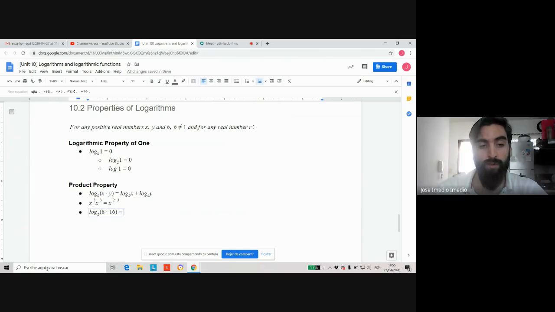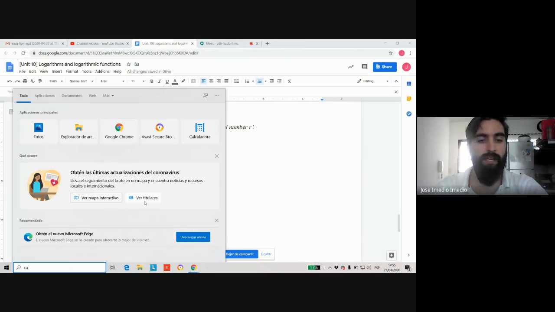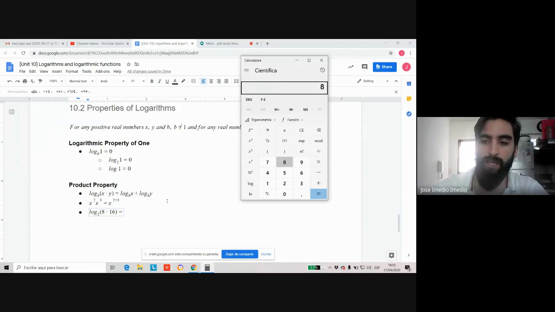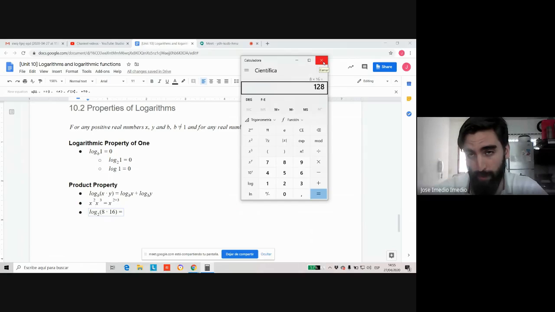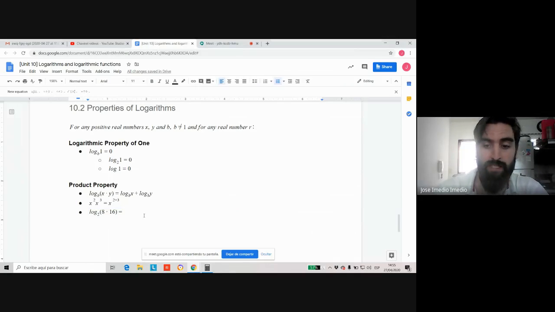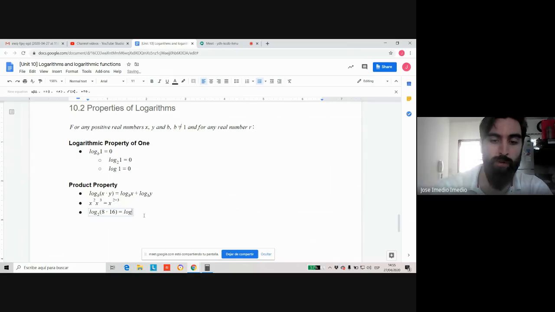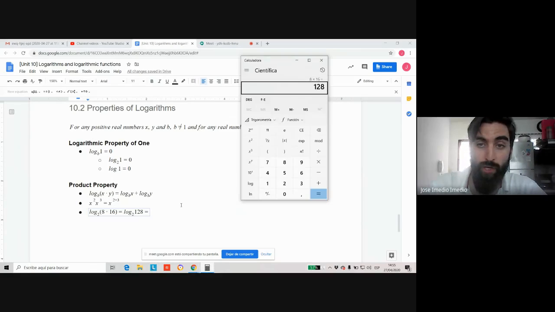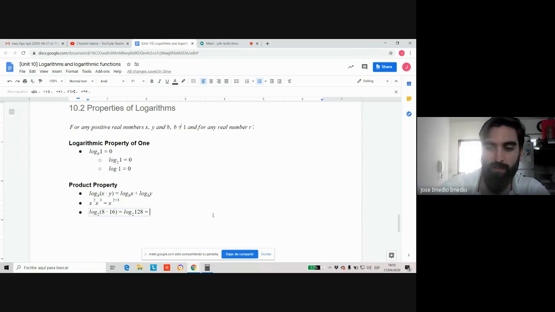In this case, calculator, 8 times 16, 128. That's 2 raised to the 7th power. So this is the same as logarithm base 2 of 128. The logarithm base 2 of 128 is 7 because 2 raised to the 7th power is 128.